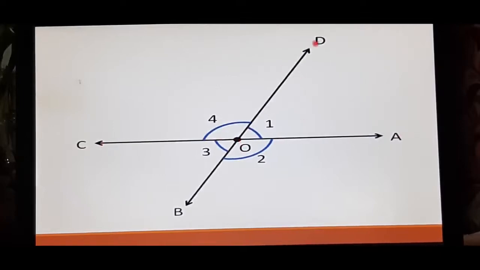So OD is the ray. This way, if on a line any ray stands, then the sum of these angles, in this case angle 1 plus angle 4, is equal to 180 degrees. And if we see OB as a ray, then angle 2 plus angle 3 is equal to 180 degrees. This is as per axiom 6.1.